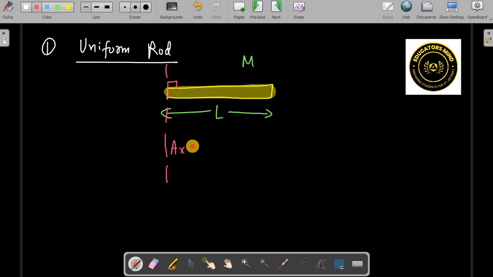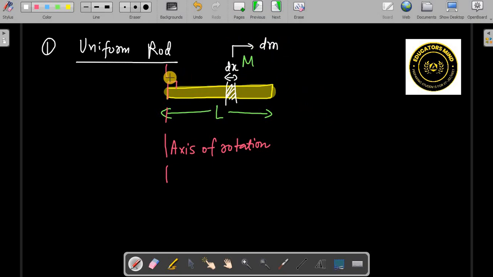So this is the axis of rotation. We are considering rotation about this. Now let us calculate. So what is the approach? Because mass is distributed, you have to cut a small element, and let's say the length of this element is dx. The mass of this element is dm.